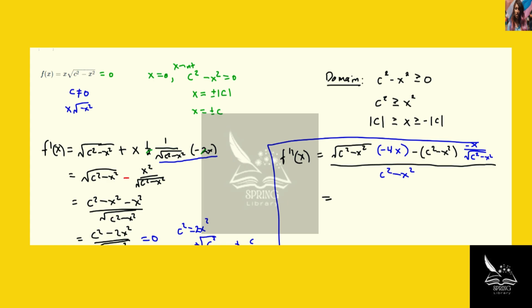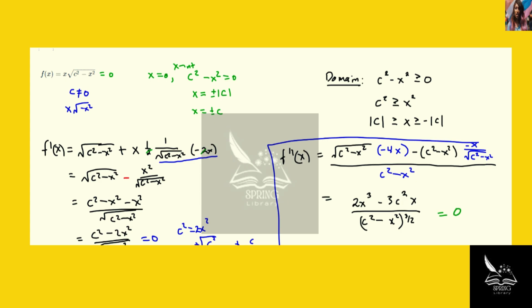And then if we were to go through and do that algebra, we should end up with 2x cubed minus 3c squared x all over c squared minus x squared to the 3 halves.